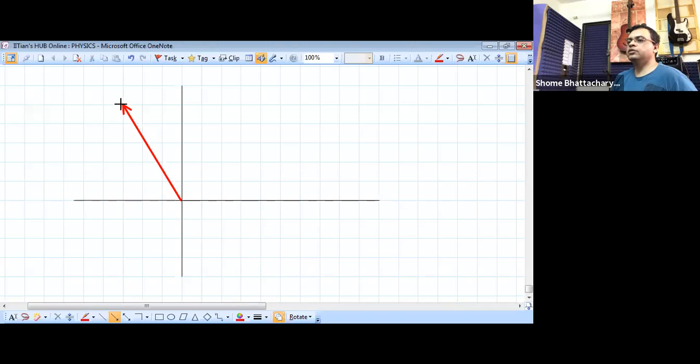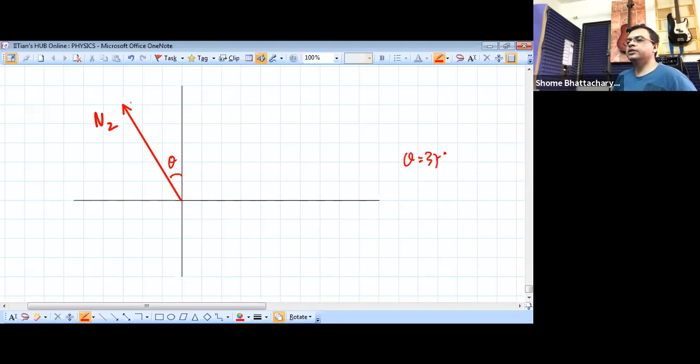So this N2, whatever its magnitude is, it's at 37 degrees with respect to the vertical. Theta equal to 37.